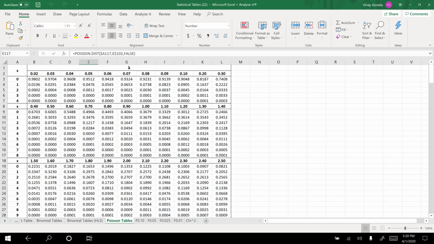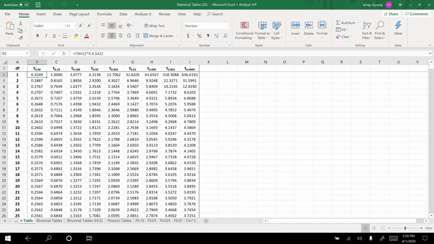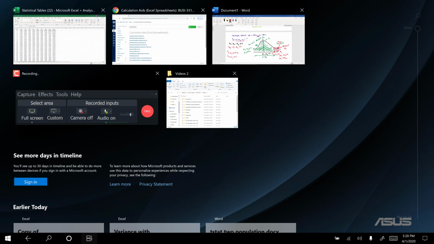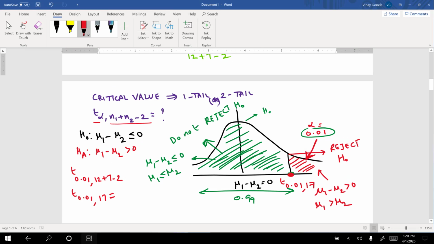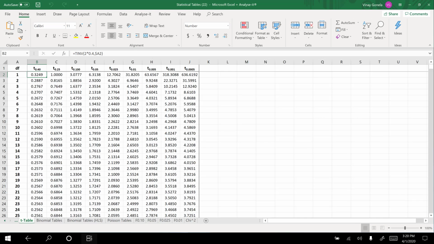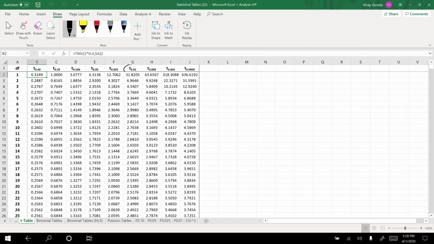I go to the T table and I am looking for T 0.01 with 17. Let me cross check this. Okay, T 0.01 is this value and the degree of freedom 17 is this value. So my T value would be 2.5669.